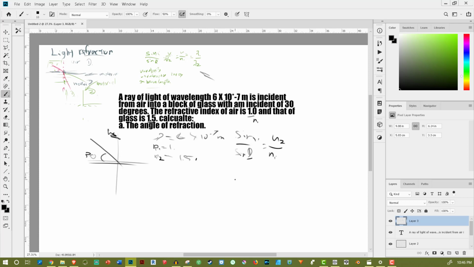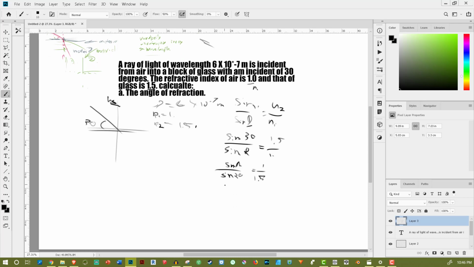So this will make it sin 30 over sin r equals 1.5 over 1. We want to find r. That equals sin r over sin 30 equals 1 over 1.5. Making sense so far?